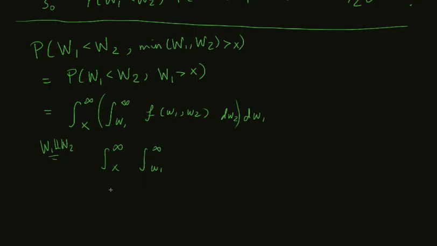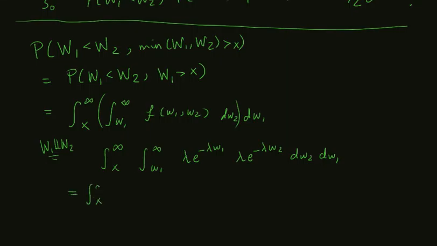And what else do I get? The density inside here is lambda e to the minus lambda W1 multiplied by lambda e to the minus lambda W2, dW2, dW1.